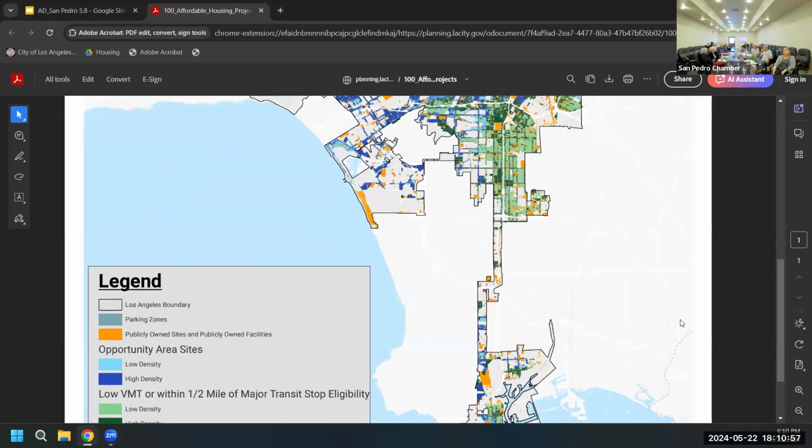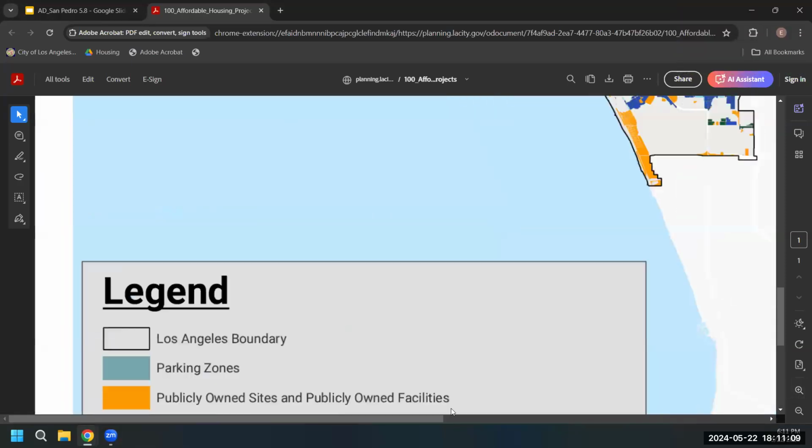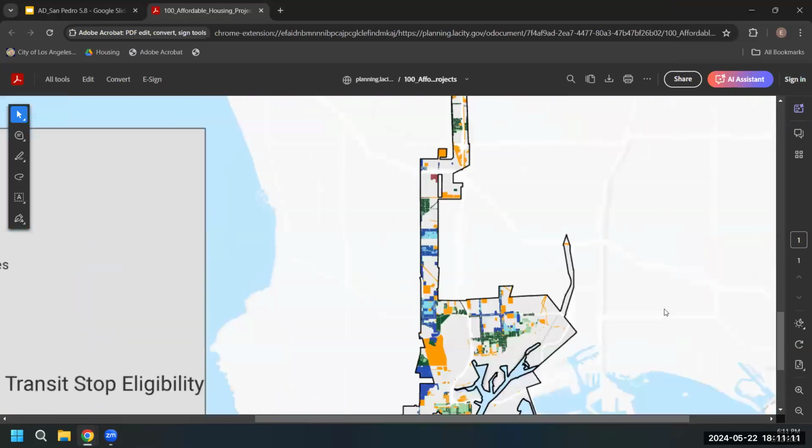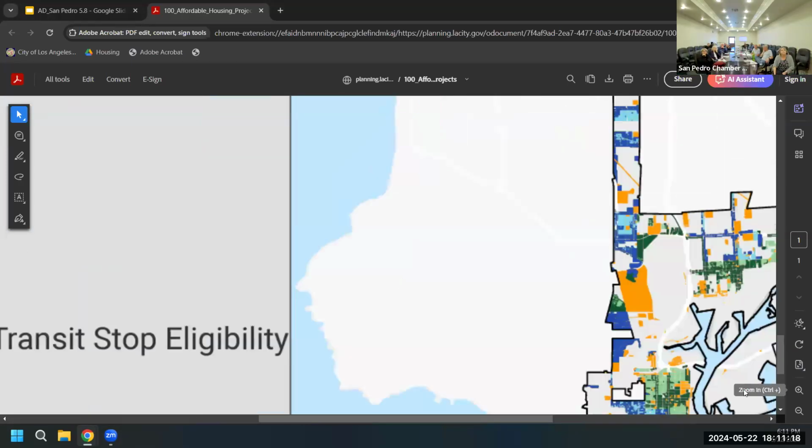Okay, and on the screen is the AHIP map. Could you please zoom in a little? You have to zoom in a lot to see what we're talking about.